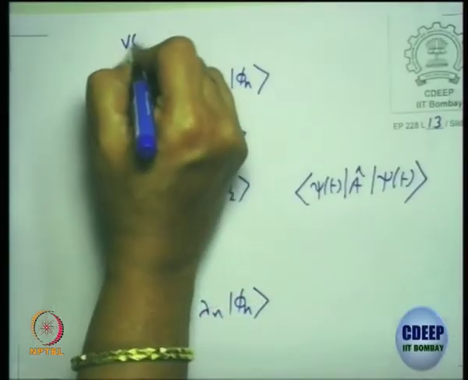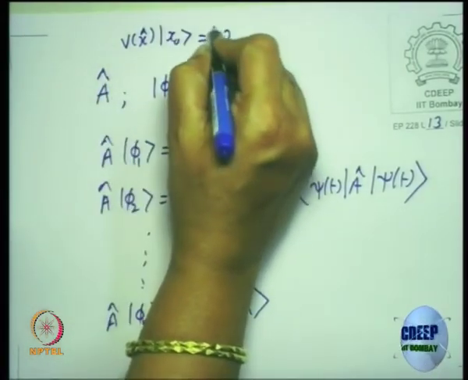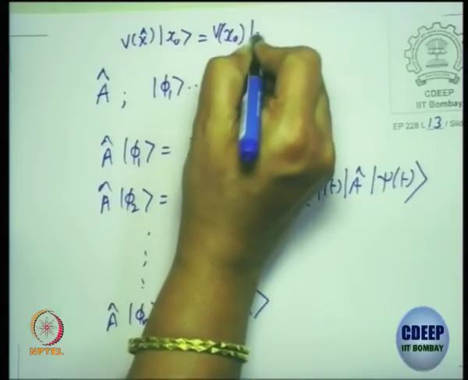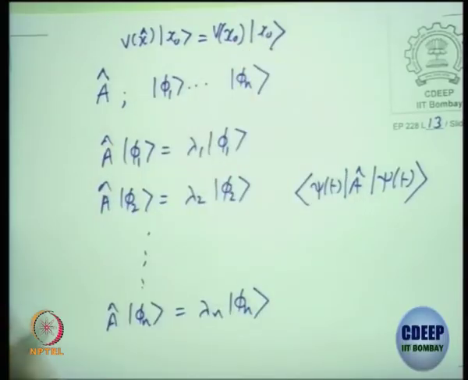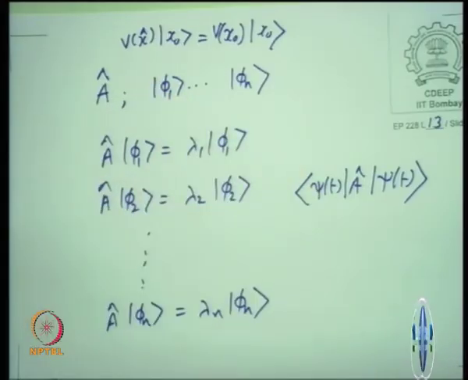When we tried to get the Schrodinger equation, we went into the position basis. So, V of x operator on a position state x naught is V of x naught on x naught. So, we went into a convenient position state basis to do our calculations. Suppose you have an abstract operator A, you try to go to the eigenbasis of that operator and things will be simplified.